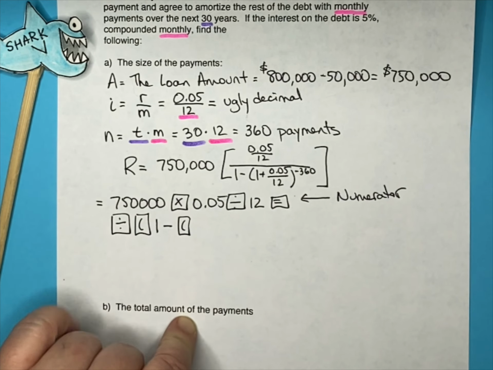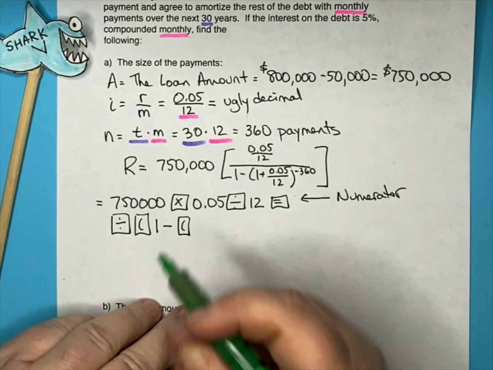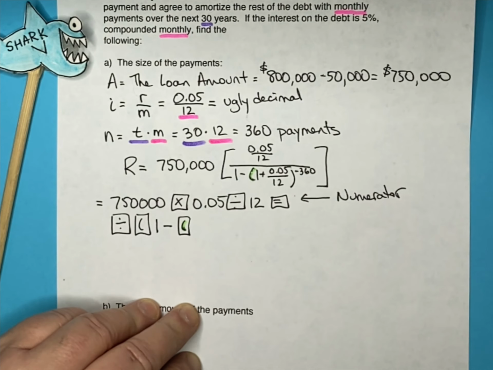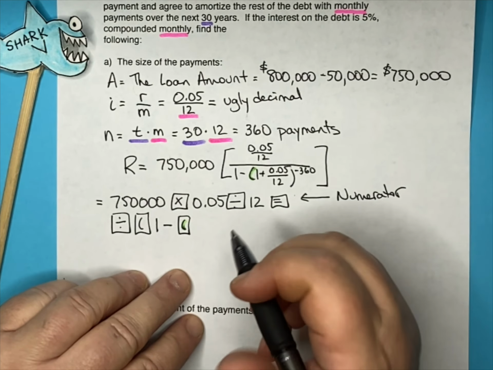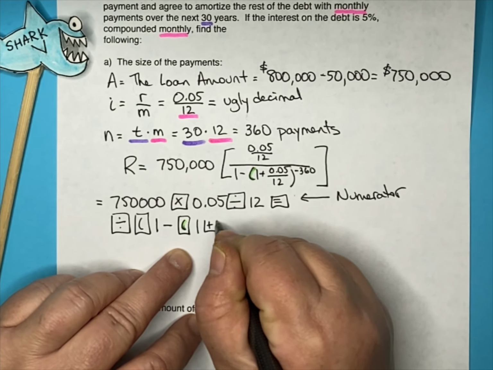So let's see, do I have another color that I can grab? Oh, here, I've got a green. So this parenthesis right here is this parenthesis right there, if you can see that. Hopefully that helps a little bit. Then I've got 1 plus.